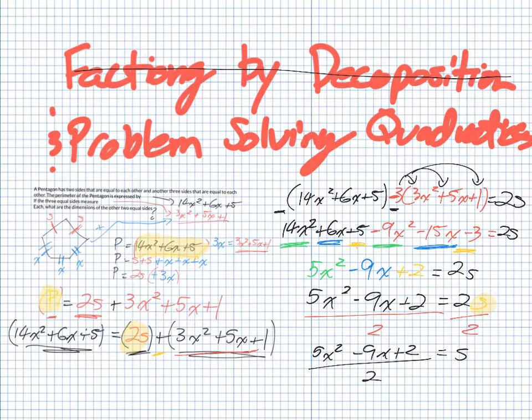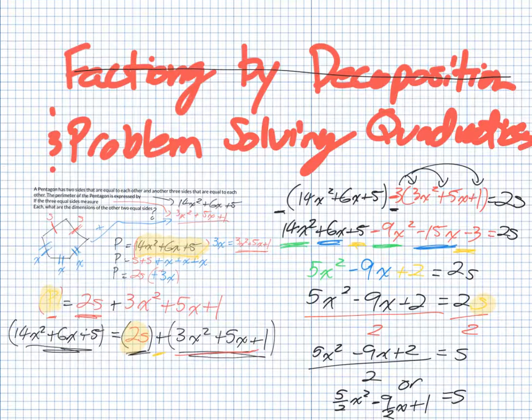That's technically each side. Or you can divide each term by 2. So we can say s is equal to 5 over 2 x squared, and you can make that 2.5, minus 9 over 2 x, that's technically negative 4.5x, plus 1. Each side is technically equal to that in this question.